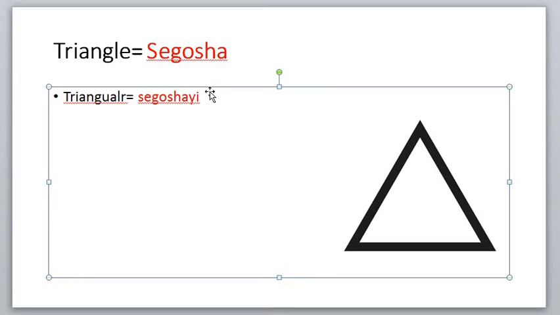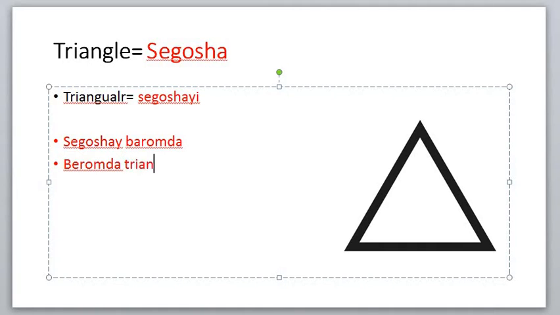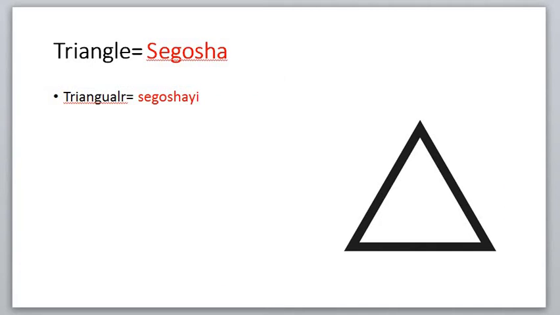I bought a book a long time ago, maybe four, five, six years ago. It's called in Kurdish Segoshe Bermuda, which means Bermuda Triangle. It's a famous triangle in the Caribbean Sea near Miami in the USA.